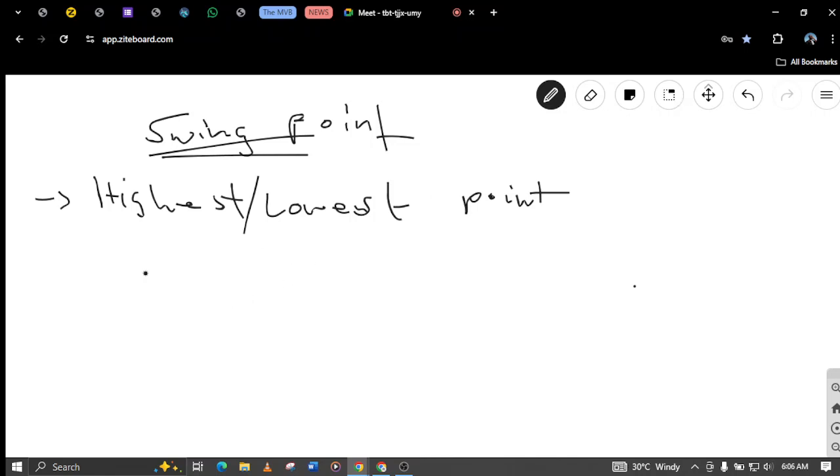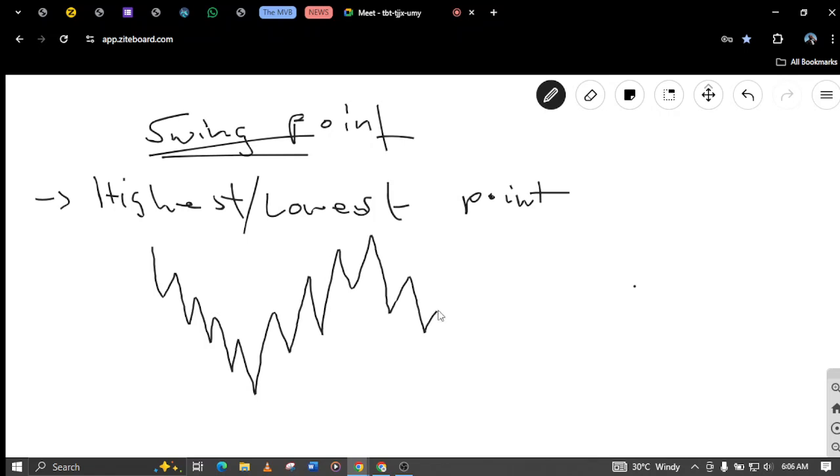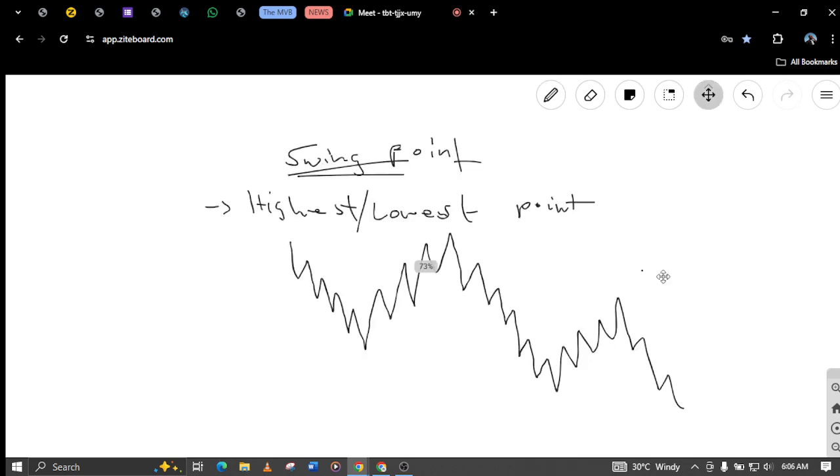It can provide something like this, maybe creating a structure like this, and then price goes up and then comes down, creating a structure like that, and then moves again, and continues creating structures like that.